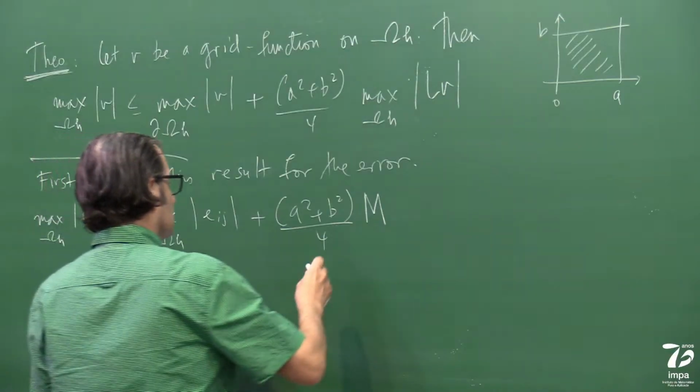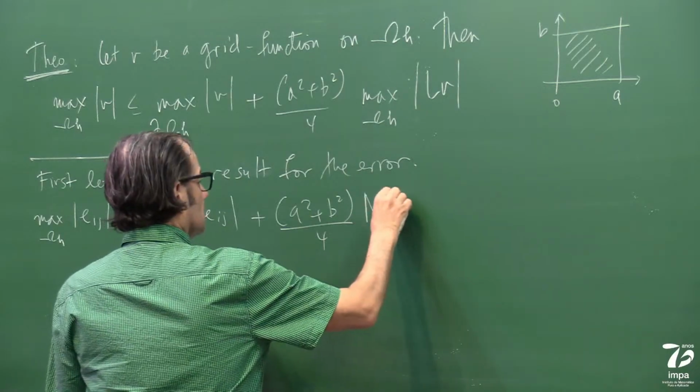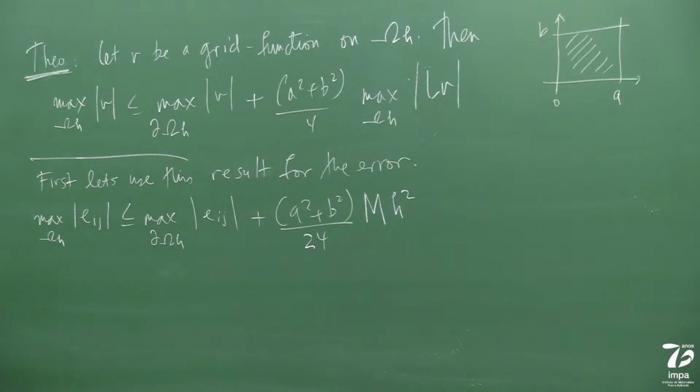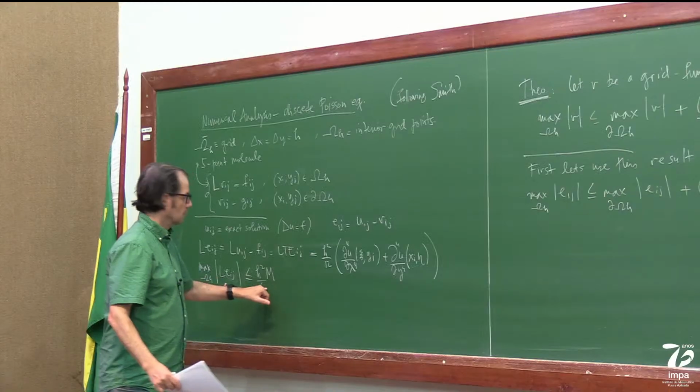So it's going to be M h squared over 24. Already using this.